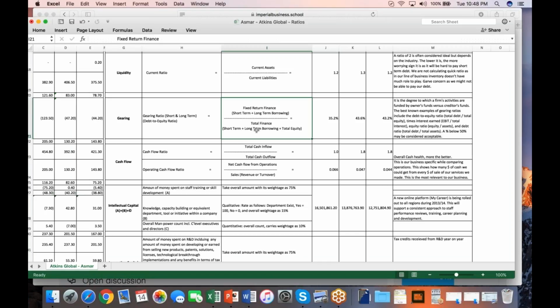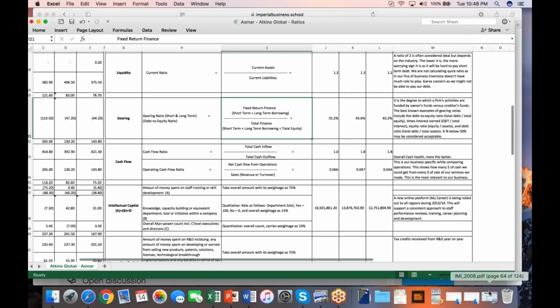A percentage below 50% may be considered acceptable, which means that you have enough equity to be able to pay this short-term and long-term borrowing. Now, to prove that, let's go to the numbers again.